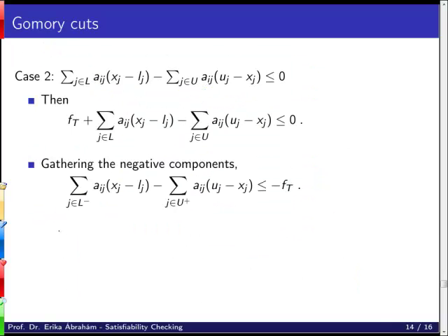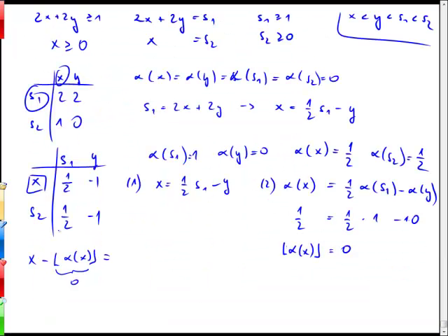I reformulate my equation here. I just subtract the fractional value, equals, the right-hand side was alpha of x.